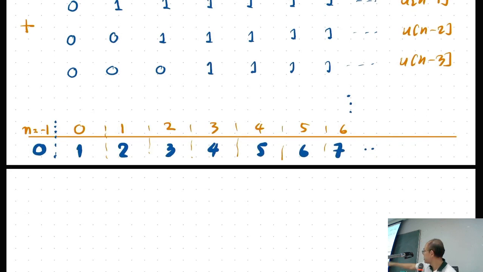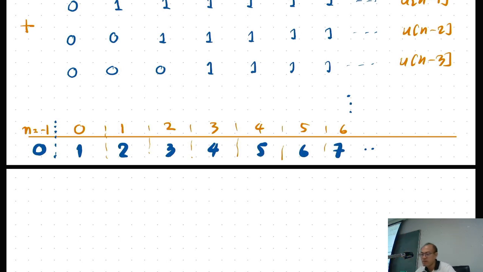First, we know that it starts at time 0, at n equal to 0. Second, at n, the value of this signal is n plus 1. For example, at n equal to 4, the value of it is 5. At n equal to 5, the value is 6. So at any arbitrary n, the value is n plus 1, and it starts at n equal to 0 as well.